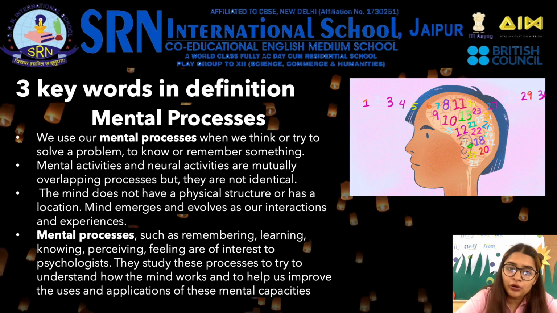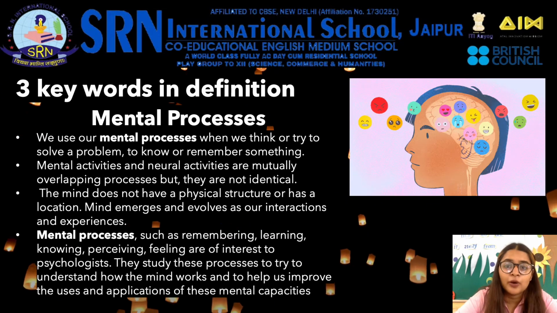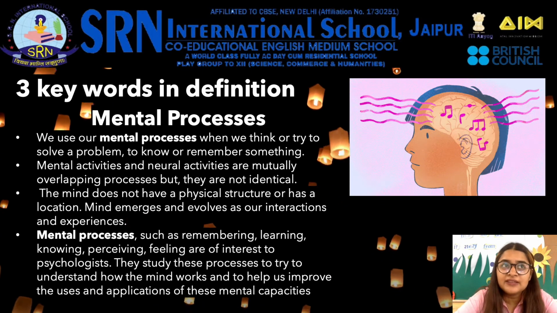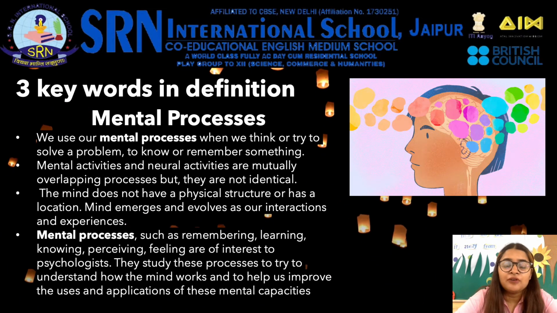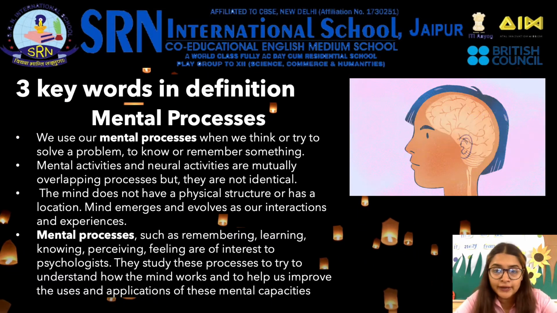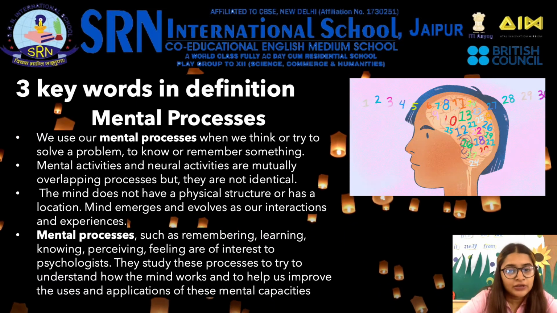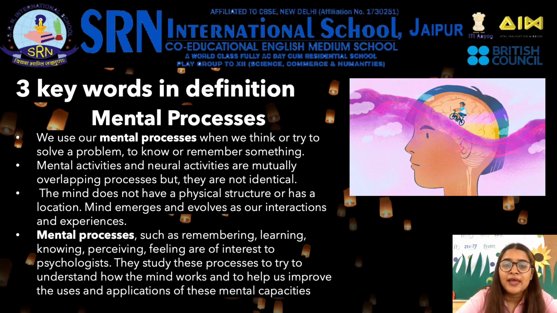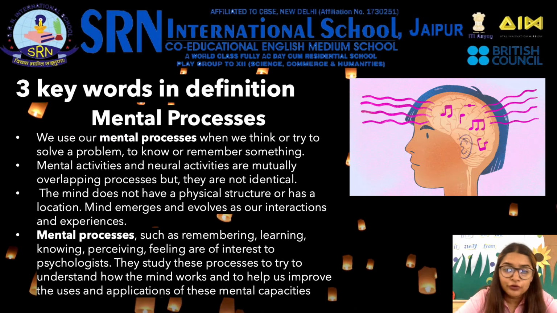Now I'm going to talk about neural activities. You might have seen that when you have a problem in your head, or if you hit your head hard enough in an accident, you go to the doctor and they prescribe you an MRI for your head.